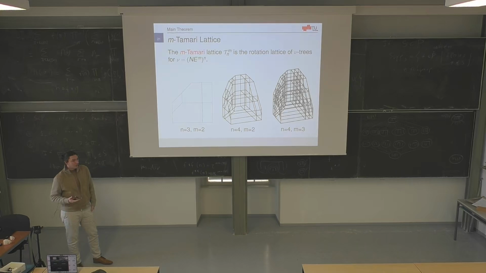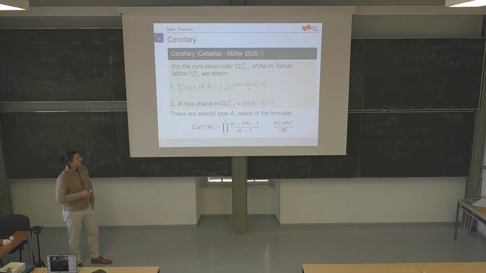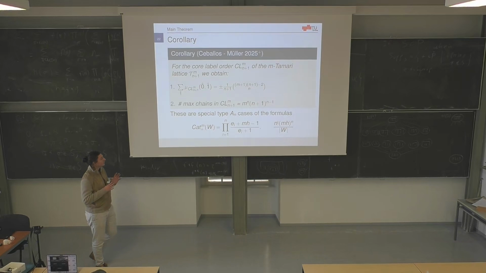But now let us consider what happens if I consider the new label order of a v-Tamari lattice. For this case, we obtain beautiful numbers. These numbers already appeared in some presentations yesterday.